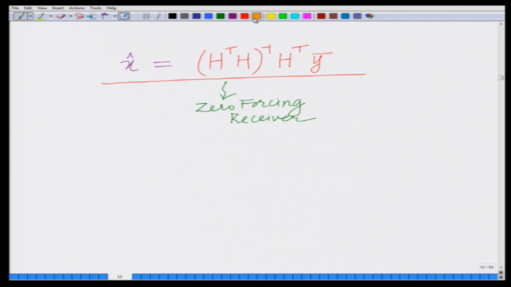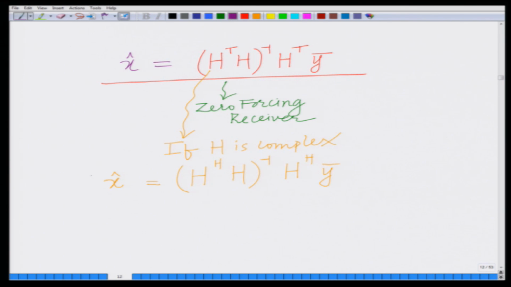I will make a small modification to this. If the channel matrix H is complex, then x hat is going to be, I simply replace the transpose by the Hermitian: H Hermitian H inverse H Hermitian y bar.